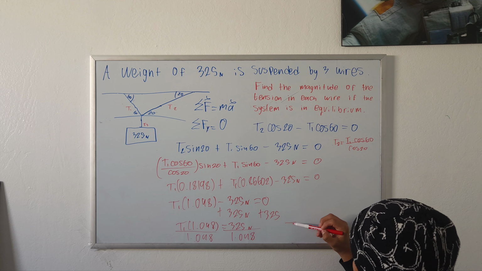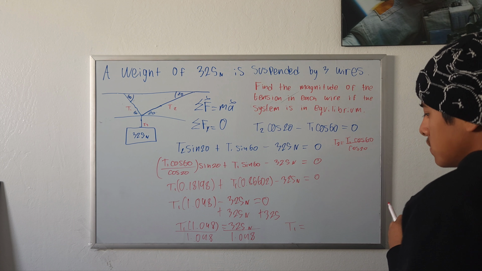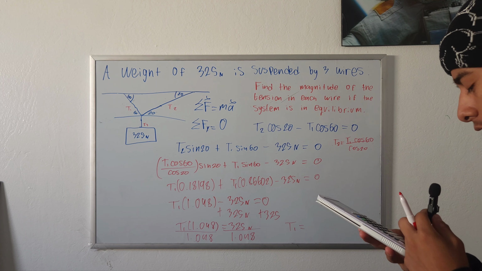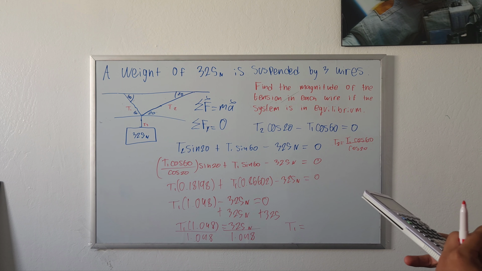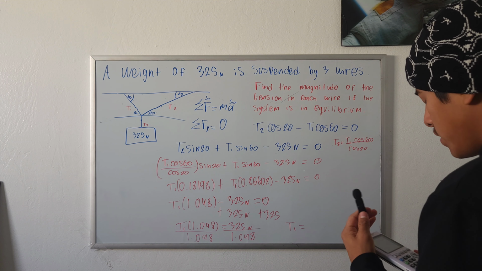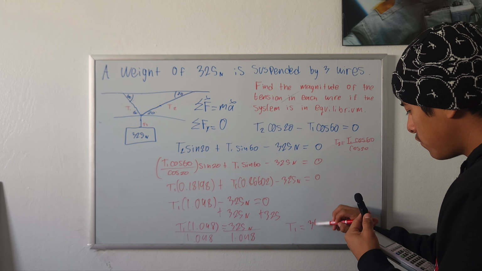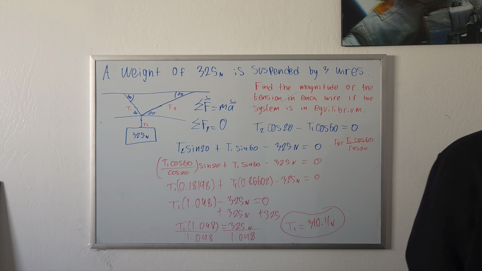And you'll end up with the final answer of T1 is equal to 325 divided by 1.048. T1 is equal to 310.11 newtons. So that is your answer for T1.